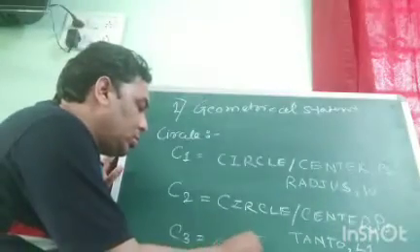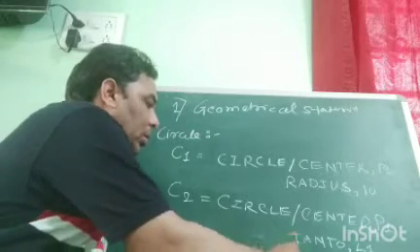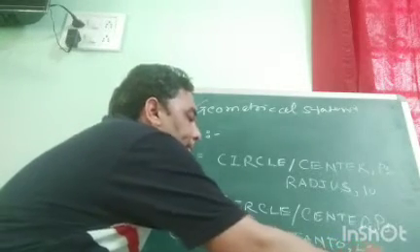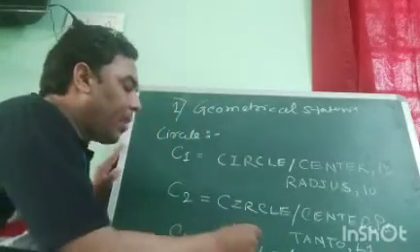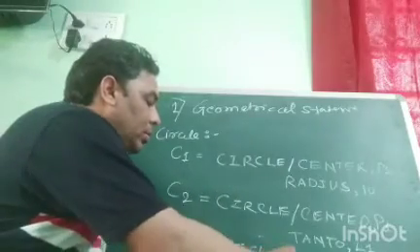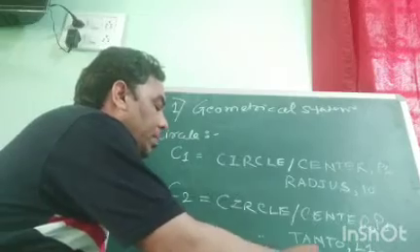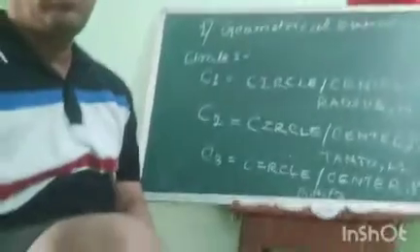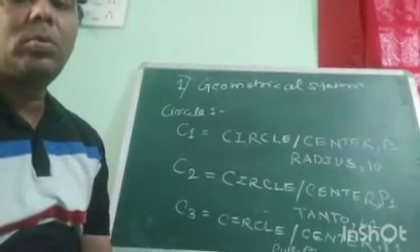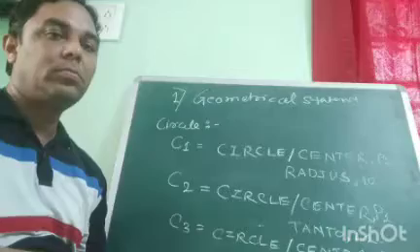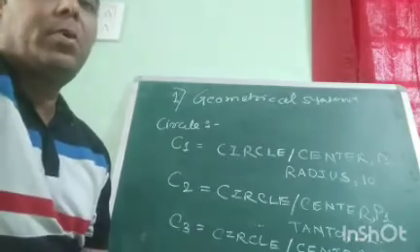So just write circle, which has a center P1 and passes through P1, P2 and P3, like this way. Now let's see the next example of it.